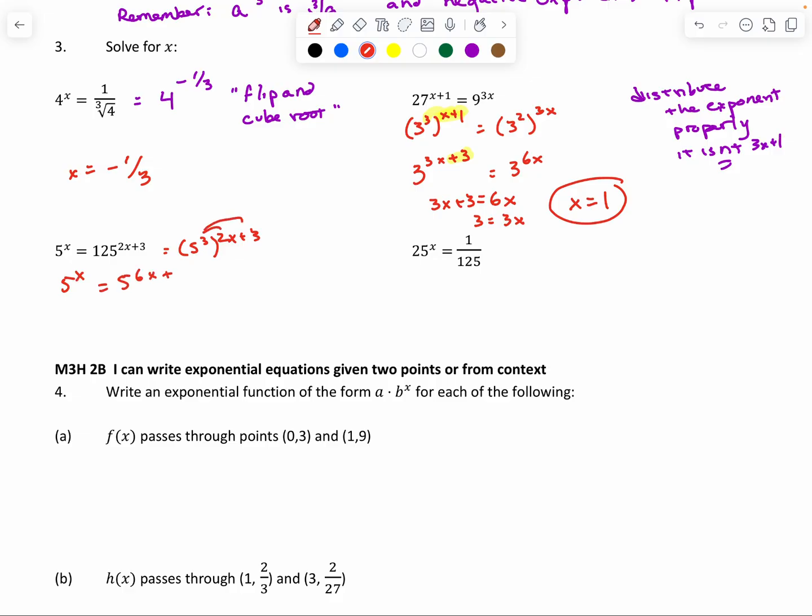Don't forget distribute to both. Don't forget the negative exponent to flip it and cubing.